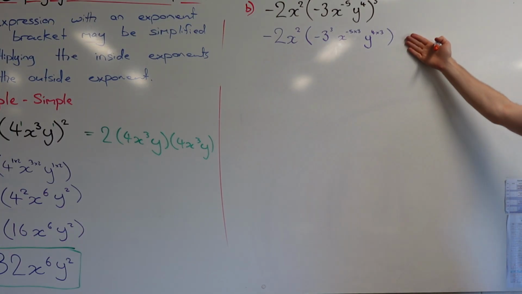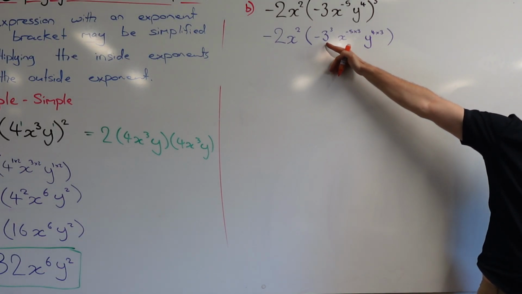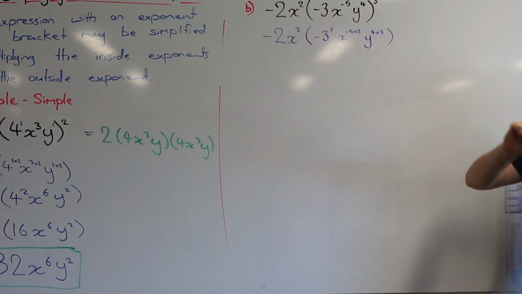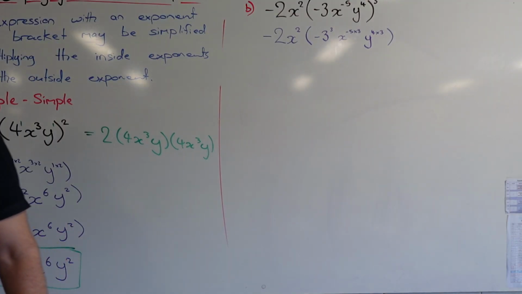On the next line, we're going to start dealing with these here, and we'll probably deal with this minus 3 cubed. Does anyone know what minus 3 cubed is going to be? It won't be 67. 3 times 3 is 9. 3 times 9 is 27. But it's minus 3 cubed.